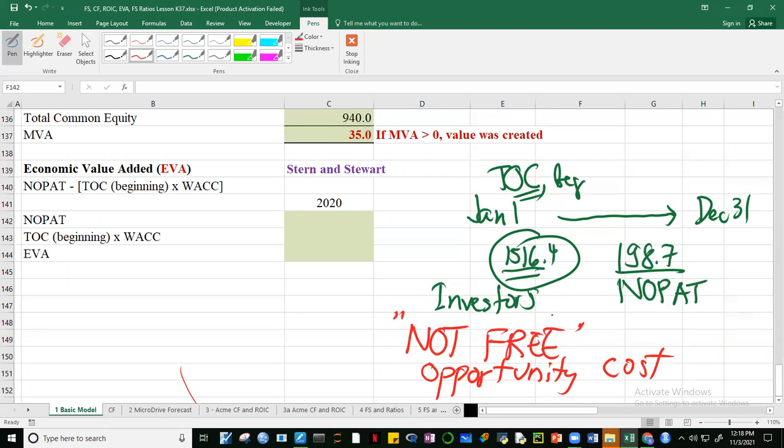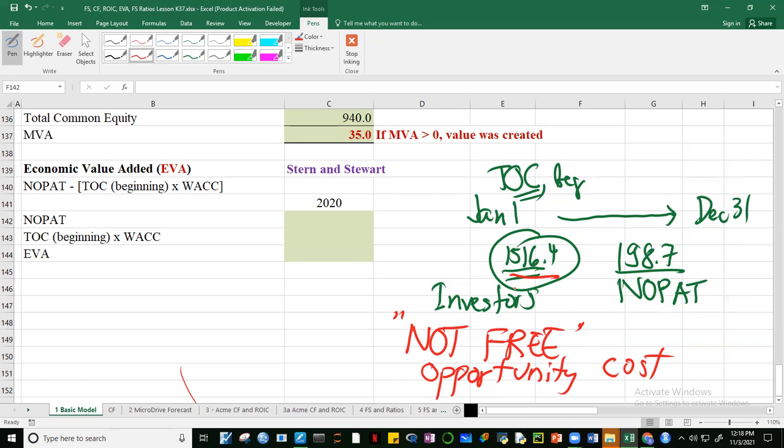If I was one of the shareholders, then for me there's an opportunity cost, because I could have placed the money elsewhere to earn interest, to earn returns. So the investors that provided this TOC demand a return on this. This is not free.